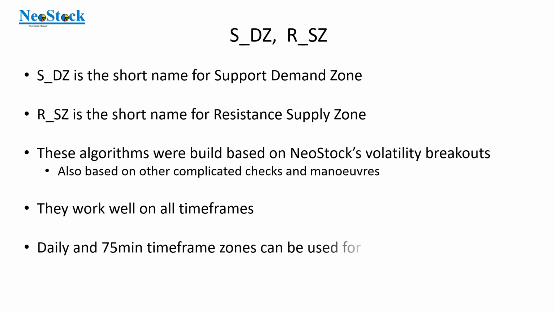The support demand zone and resistance supply zone related to daily and 75 minutes time frames can be used for NeoStock's HLQ trade setup. These two zones are qualified, and moreover they have given huge success. If you look into the past data, they have given more success compared to any other types. So they have a consistent performance, especially S_DZ and R_SZ.